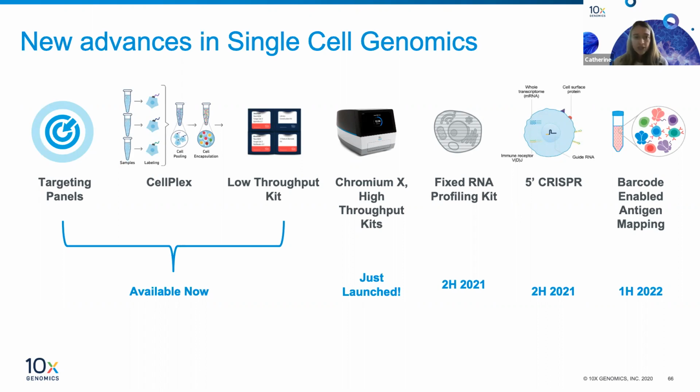As I mentioned earlier, in the single cell space, we have a new fixed RNA profiling kit, which is really exciting for lots of people. It's going to allow you to preserve your sample for the single cell assays, but still be able to do things like feature barcoding, which will be a huge advantage. We have 5' CRISPR coming, and we also have BEAM, or barcode enabled antigen mapping, with our immune profiling solution coming soon.